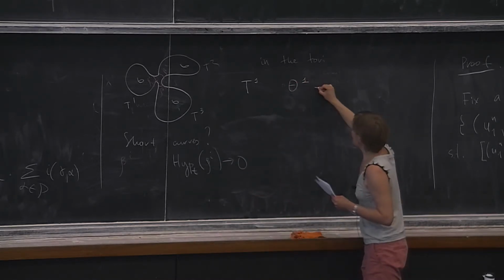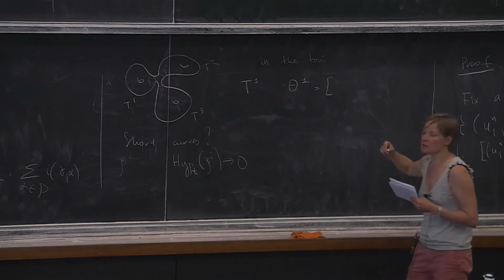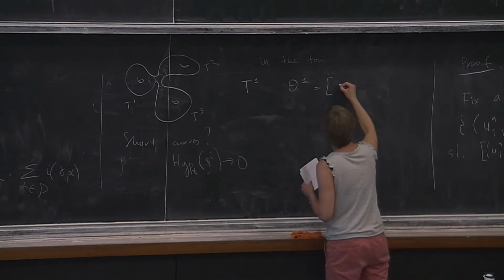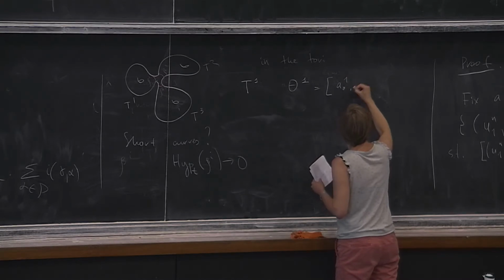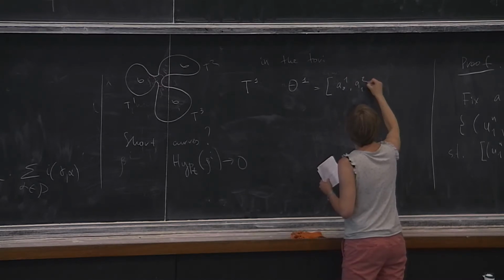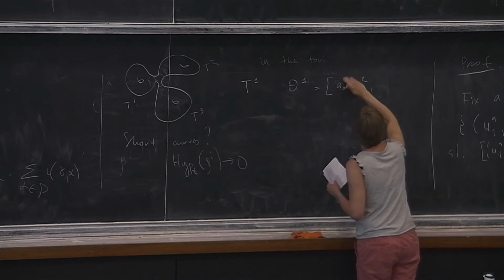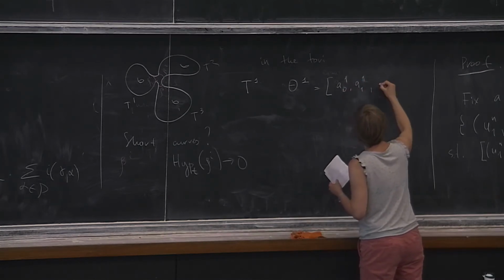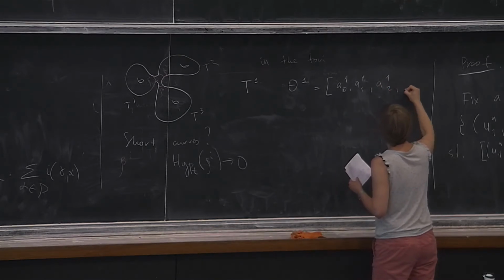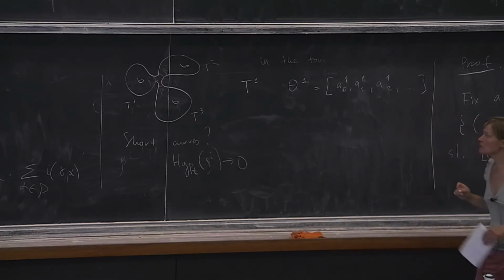Okay, so now I look at the continued fraction expansion of theta 1. Let's call it a0, a1, maybe the other way around, and so on.